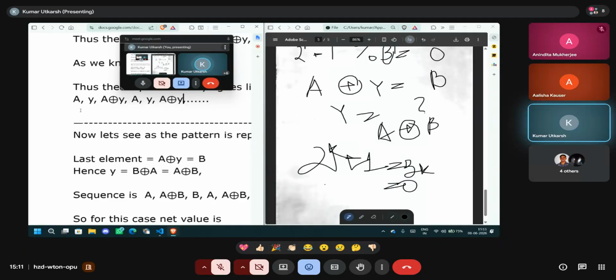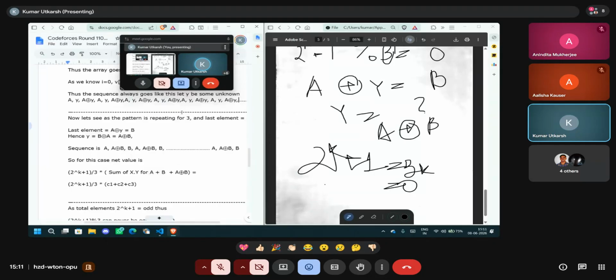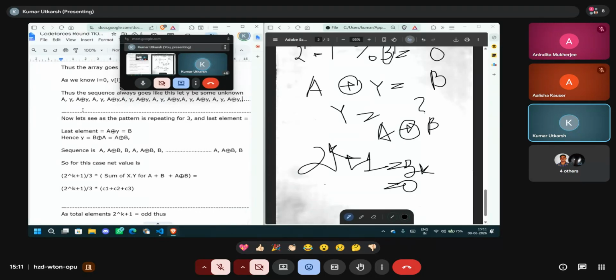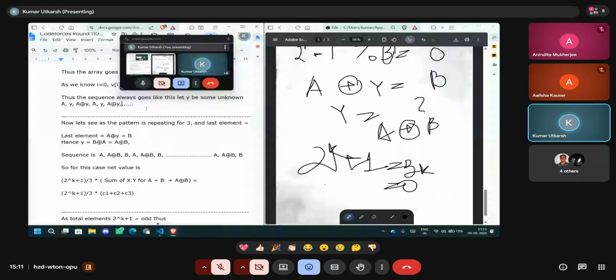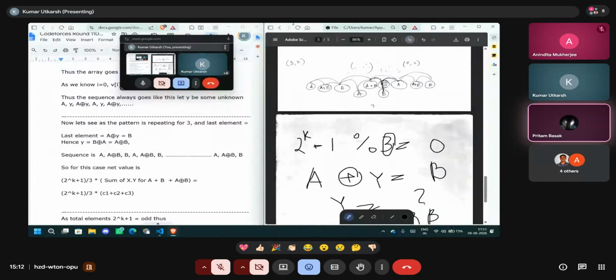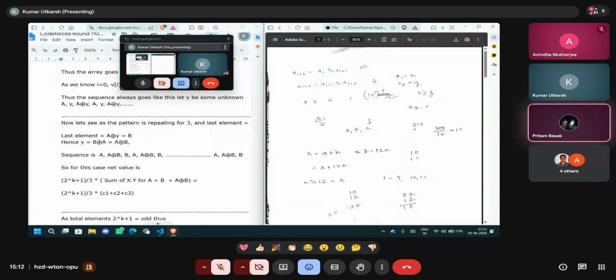There will always be a 3-repeating value like this. You will always go like this. The ending value will also be a third repetition. If you aren't clear, you can ask me, or else we'll go on. Yes, I got it.